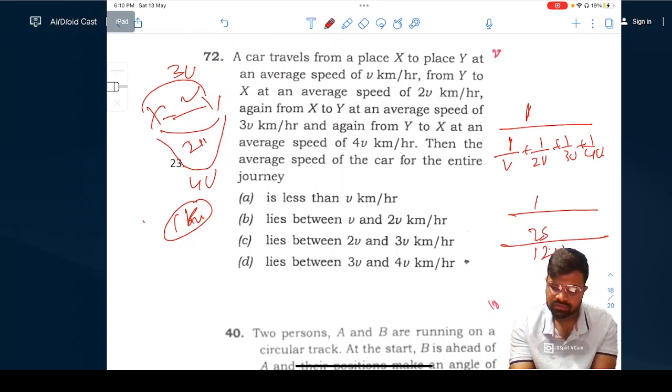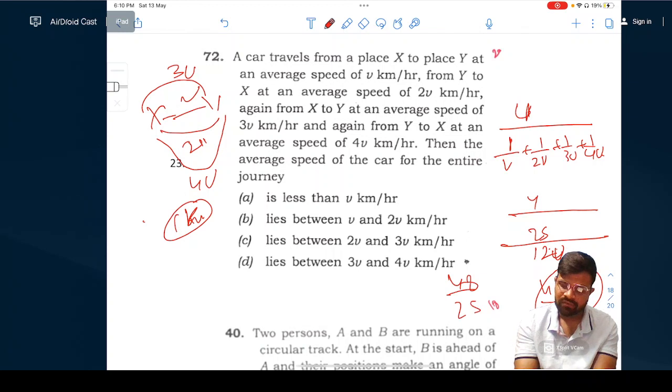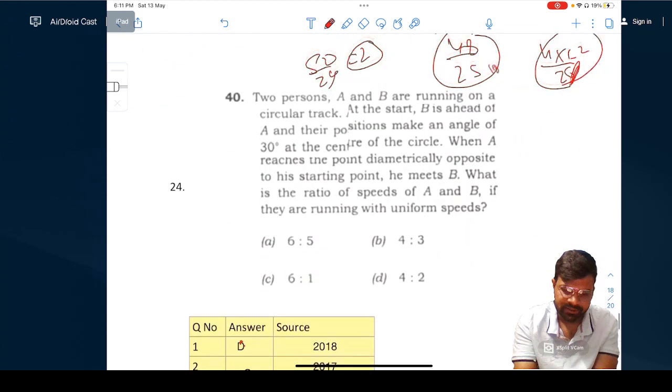The total distance will be 4 kilometers now. So 4 into 12 by 25, this is 48 by 25. See, 50 by 25 is 2, so it is less than 2 and more than 1. So this will be the answer.